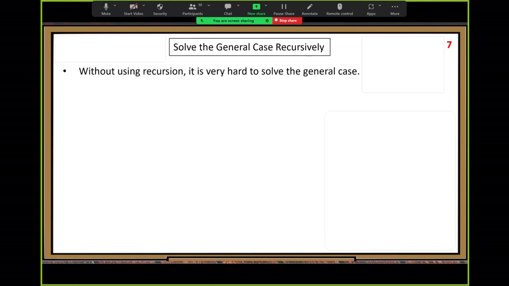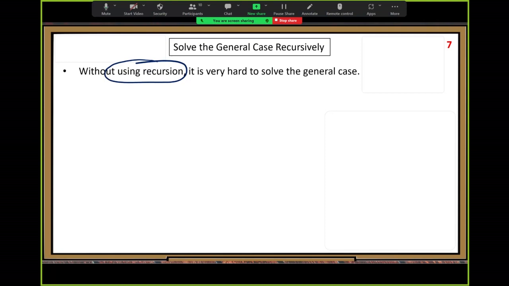All right. So how can we solve such a complicated computing problem? Here, the main point is using recursion. We can solve it.